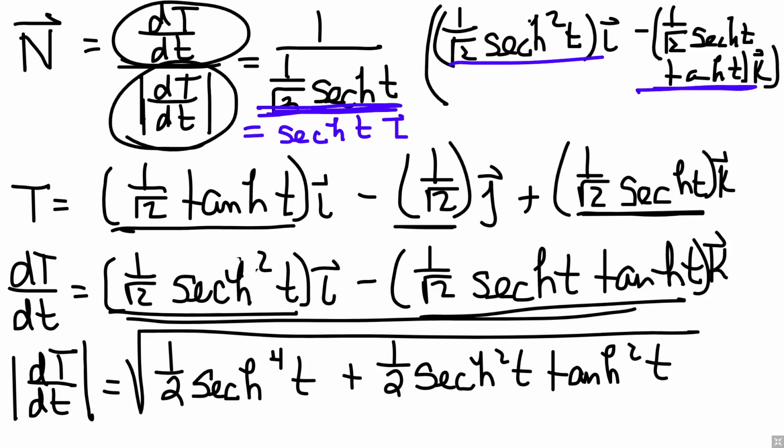Negative tangent hyperbolic t in the k direction. Correct. I'm just going to put parentheses around that. So that is our unit normal. Any questions there?